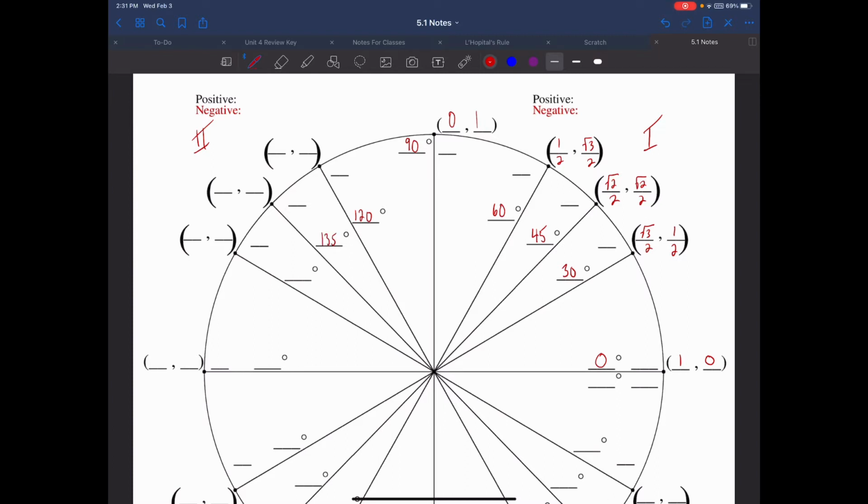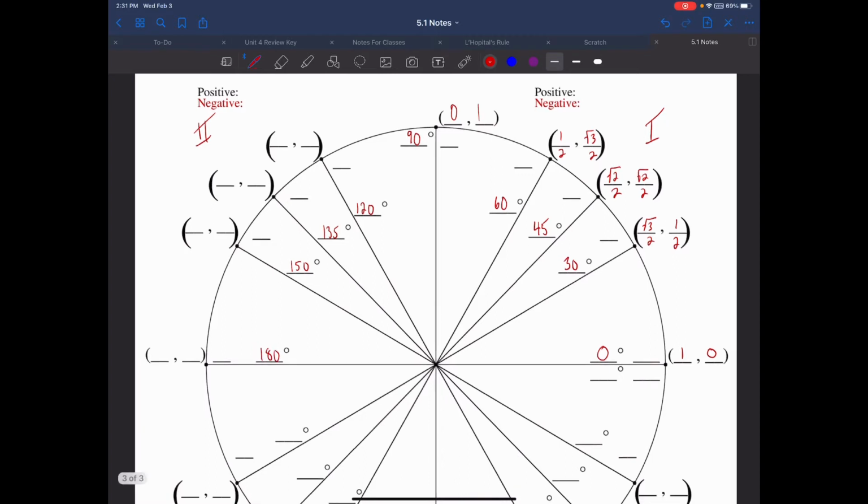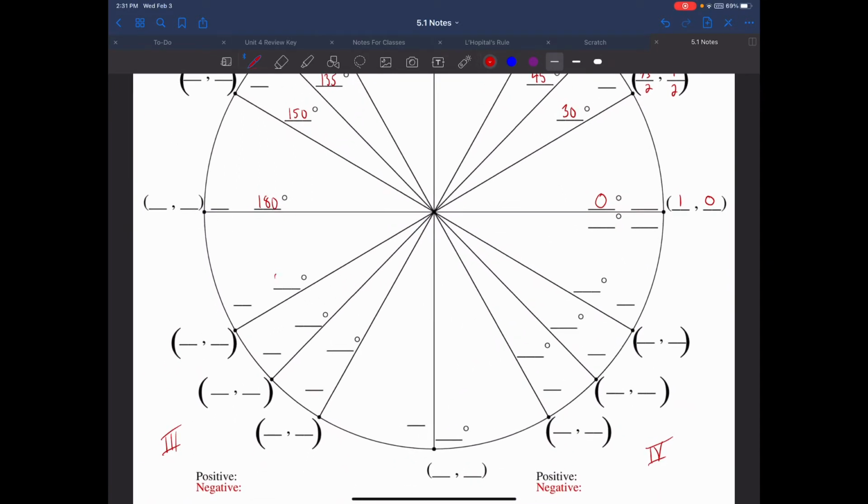Plus 15 is 150, 180, and we just keep going around. So 210, 225, 240, 270, 300, 315, 330, and then 360. Okay, so those are all the degrees.